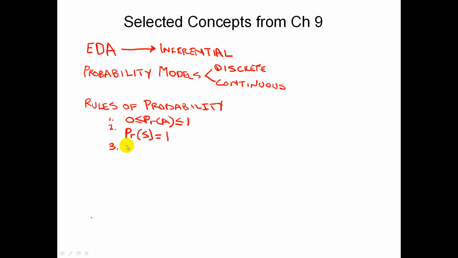And then we have a rule for addition of disjoint events, and I'll just introduce that term now. Addition for disjoint events. And the fourth rule or law that we introduce is the law of complements.